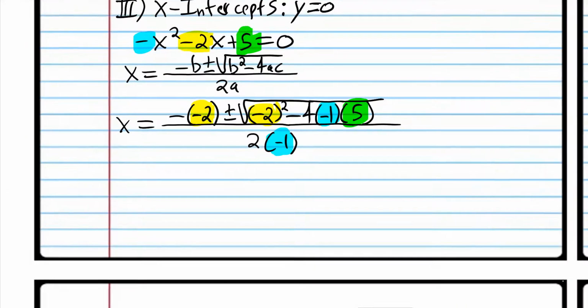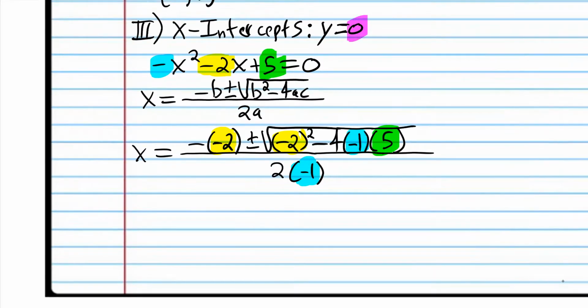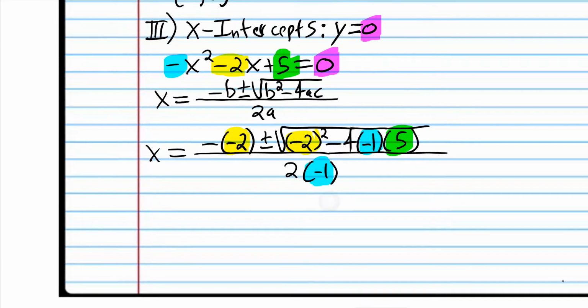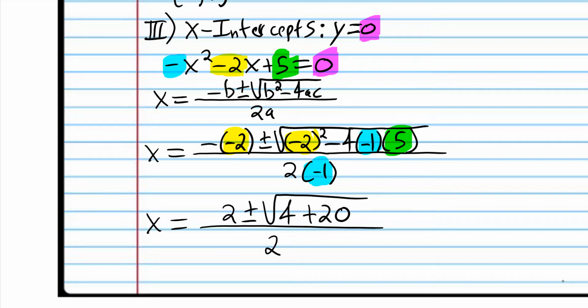Okay, so now we just have to simplify. So the double negative there becomes positive, and negative 2 squared is 4, and negative 4 times negative 1 is positive 4, times 5 is 20, and 2 times negative 1 is negative 2.